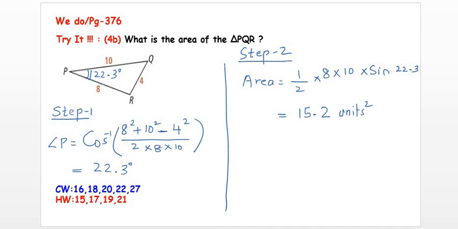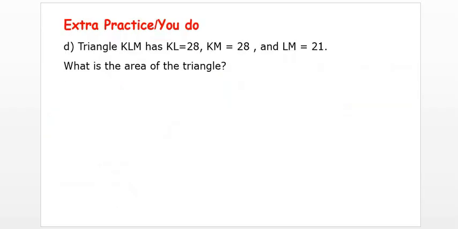Draw the diagram on your own, and in step 1 find any angle, K, L or M, it's your choice, and then find the area. Pause the video here and solve this question on your own.